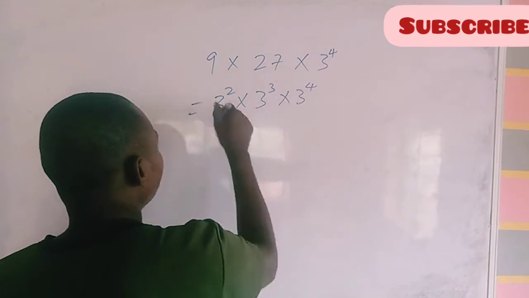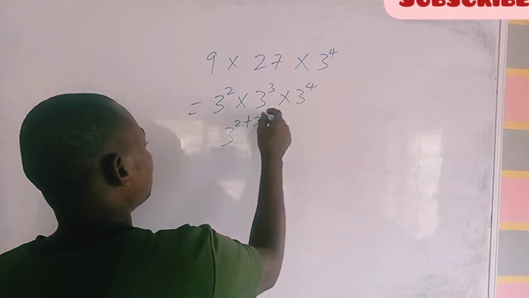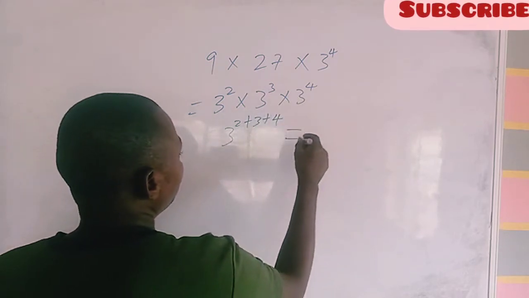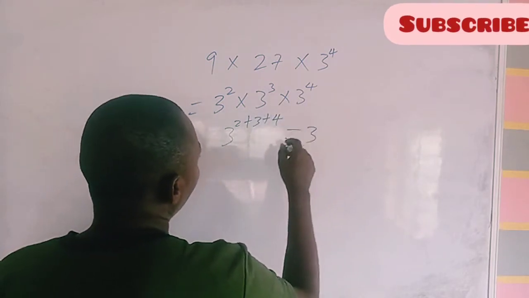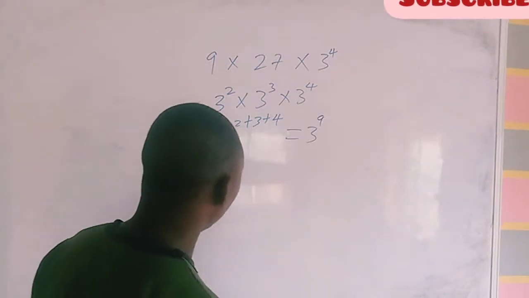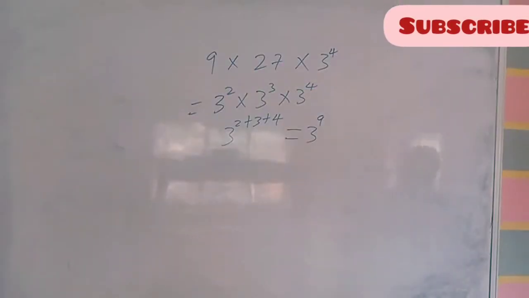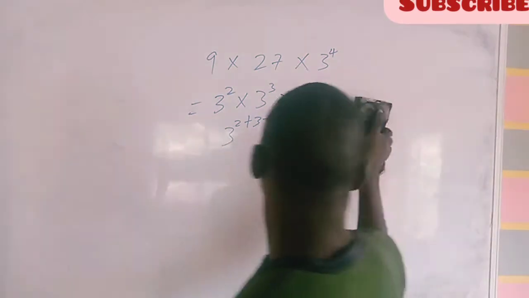So they now have the same base. So that is 3 raised to 2 plus 3 plus 4, which is equal to 3 raised to the power 9, sorry. That is the answer to the question. Okay? So this is law of indices.